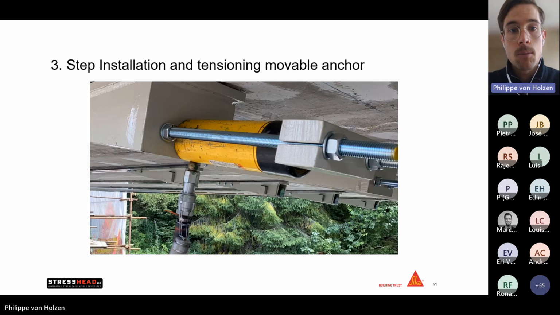That's one reason why we really have no loss of tensioning force even over time with the whole system. So as you see, it's a very simple system with the installation and tensioning process, but with a very great and big effect to the structure itself.